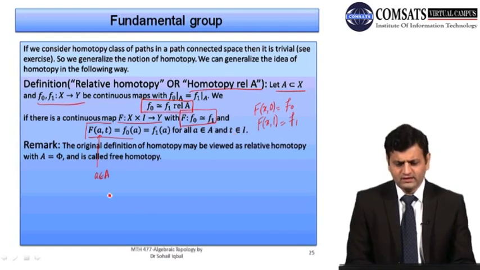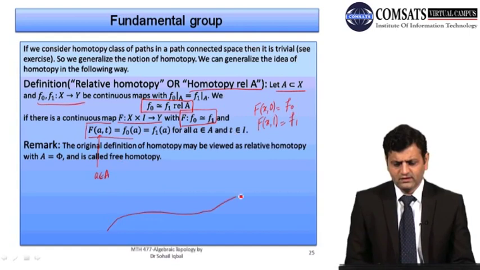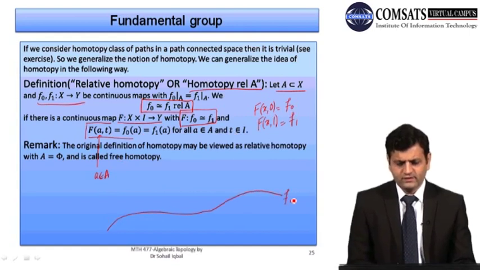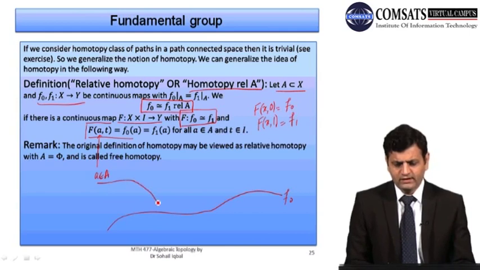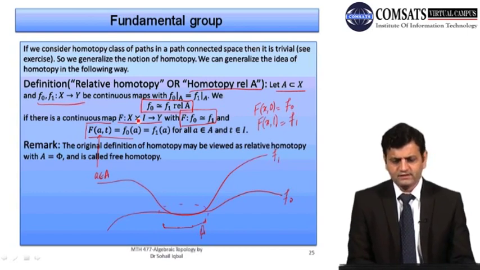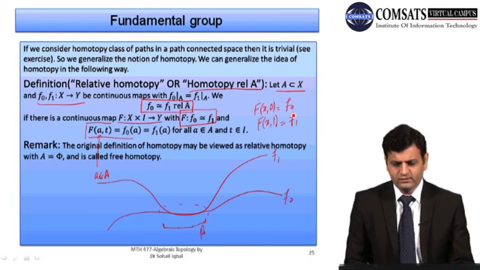So in other words, let's say we have this f0 and we have this f1, and they are equal on some subspace A. Let's call this A. So they are equal on this subspace A. Now, f is a relative homotopy of f0 and f1 on this subspace A if, for each and every t, you start from f0 when t is equal to 0 and end at f1 when t is equal to 1, and for each and every intermediate t the values on A are equal.